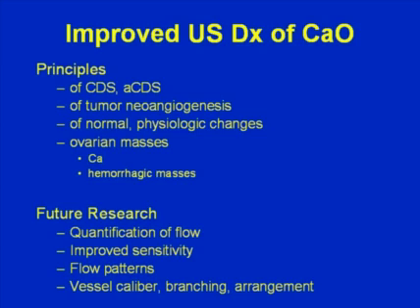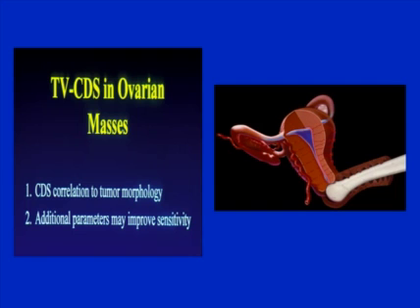Basically, I'd like to cover some of the principles concerning color Doppler and amplitude or power color Doppler, and discuss the role of these technologies in depiction of tumor neoangiogenesis, and of course apply this to differentiating benign from malignant ovarian lesions.